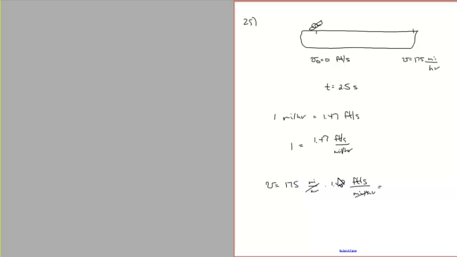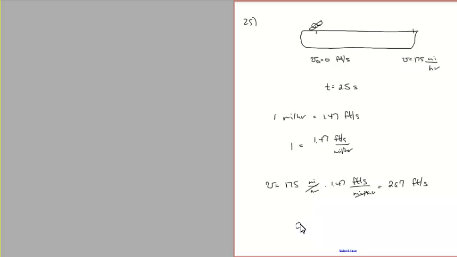So when you take 175 times 1.47, we get a speed of 257 feet per second. And I kept 3 significant figures because there are 3 here and 3 there, so there are 3 in the final answer. I rounded down.